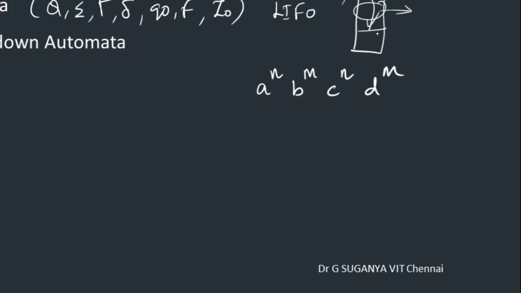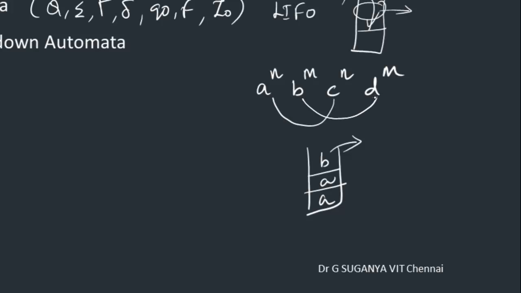But if there exists only one stack, which is the basic concept of pushdown automata, then if we insert A's onto the stack and then push B's onto the stack, only B's will be available for testing, not the A's. But here in this language, C's are to be equated to A's and B's to be equated to D's. So this kind of language is not possible to be designed using pushdown automata.